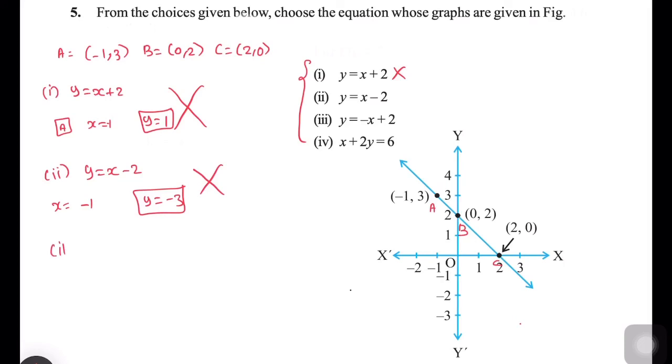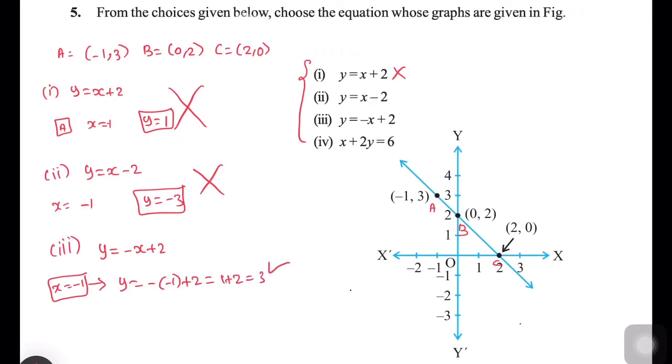Then comparing the third one. Y is equal to minus x plus 2. Now substitute the point A. That means x is equal to minus 1. We get y equal to minus of minus 1 plus 2. That means 1 plus 2 is equal to 3. So this condition is satisfied.